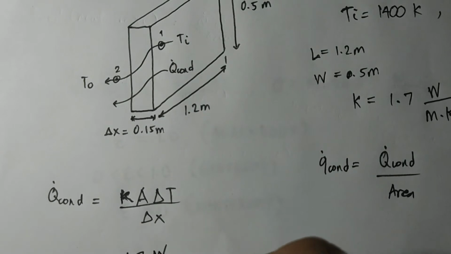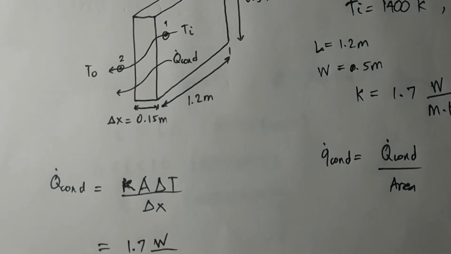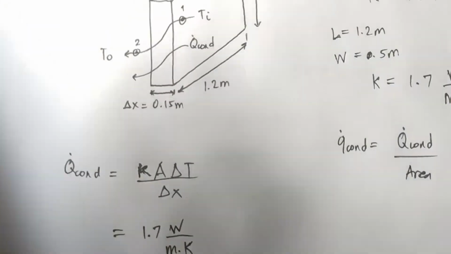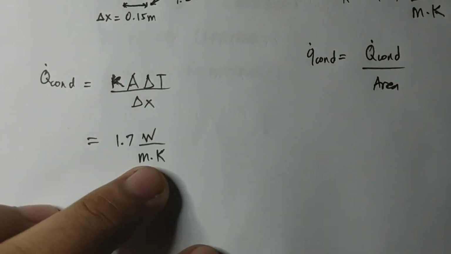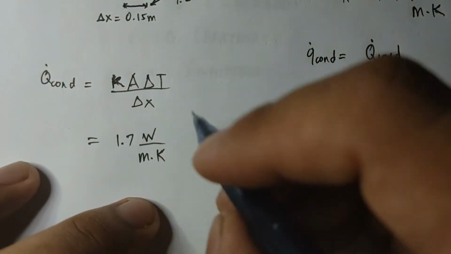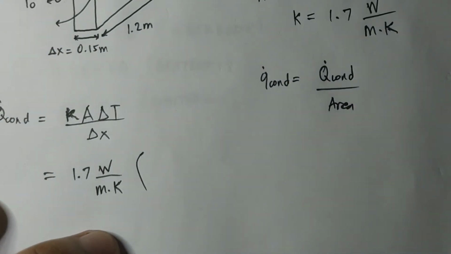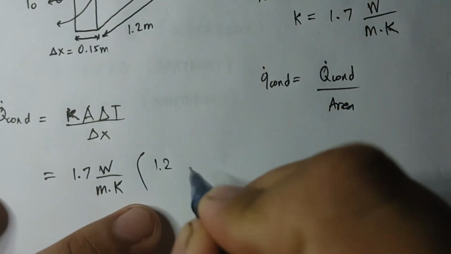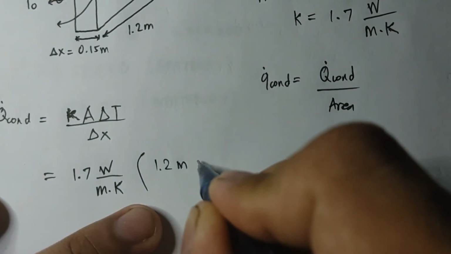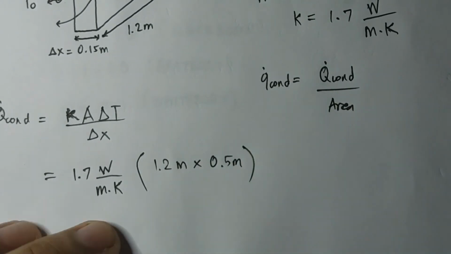Huwag tayo malilito sa Kelvin and sa thermal conductivity. So dapat alam natin kung saan natin siya ilalagay at gagamitin. Baka kasi minsan yun pa yung magpalito sa atin pag nagsosolve tayo. 1.7 watts per meter Kelvin na minultiply siya sa given area. We all know that the area of the rectangle is length times width. So we have 1.2 meter by 0.5 meter.